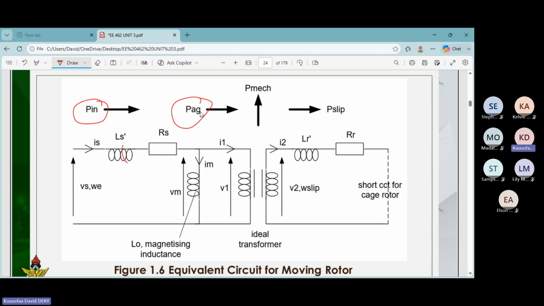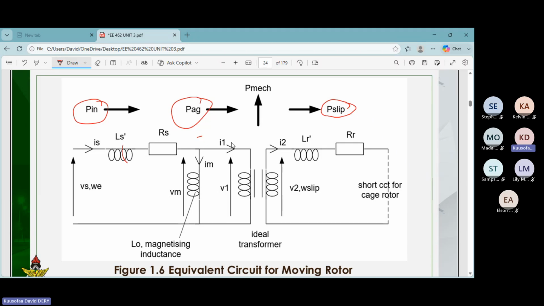When that power comes to the rotor side, we also have losses: the iron loss and the copper loss in the rotor, represented by P_slip. Here we usually neglect the iron loss on the rotor side, so you only have what?